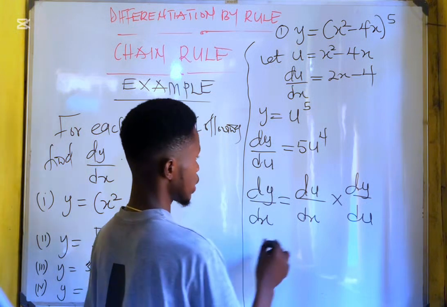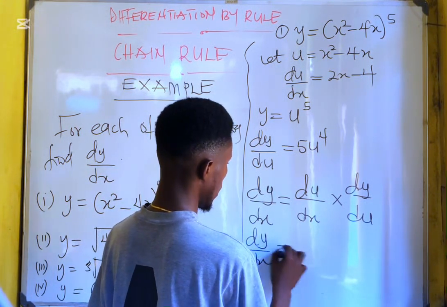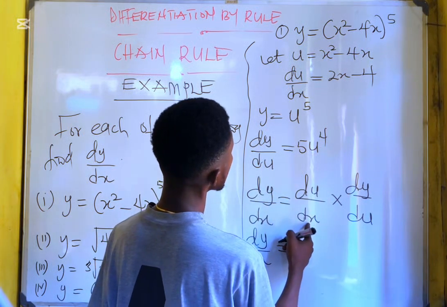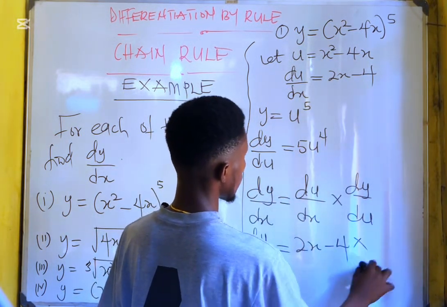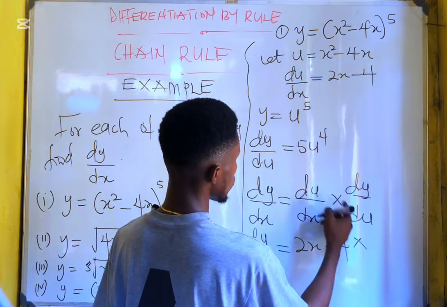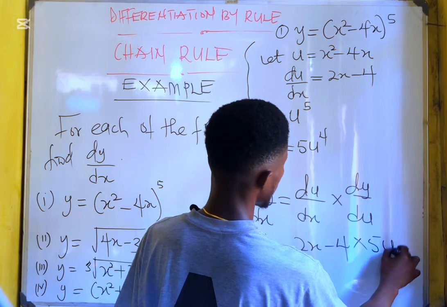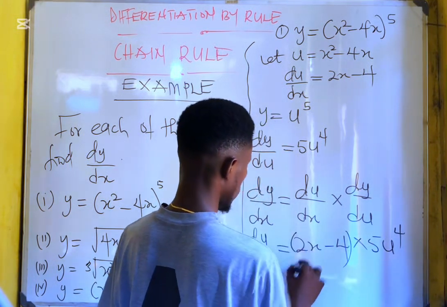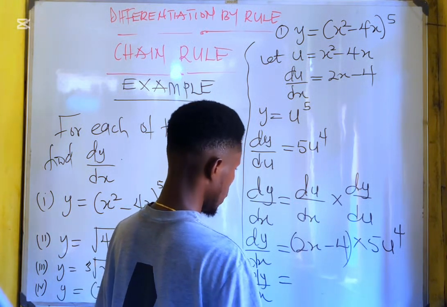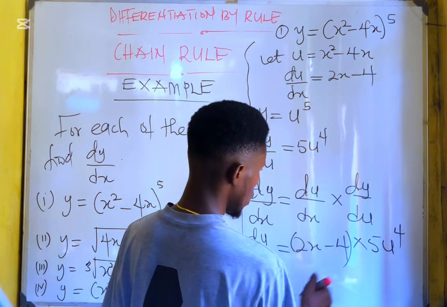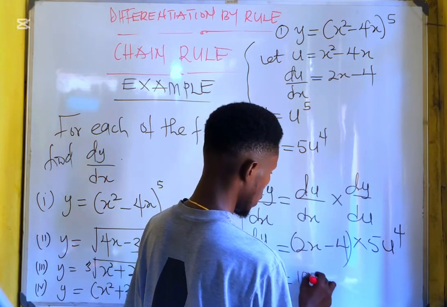So that is correct. So in this case, my dy/dx is going to be du/dx, which is 2x minus 4, multiplied by dy/du, which is 5u to the power 4. So now my final answer dy/dx becomes, this 5 can multiply through. So 5 times 2x will give us 10x.